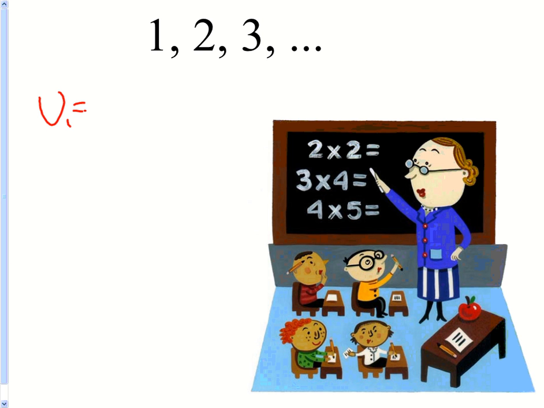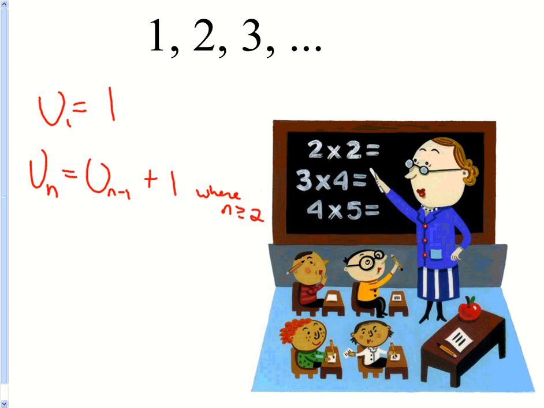U sub 1 equals 1. U sub n is equal to, and then what? Yep. Same thing as add 1 each time. It's just a different way to say it.